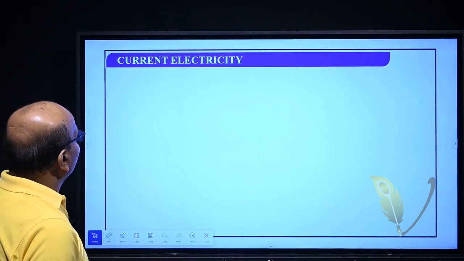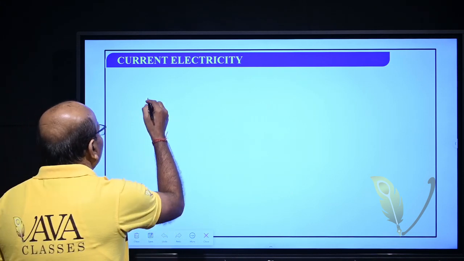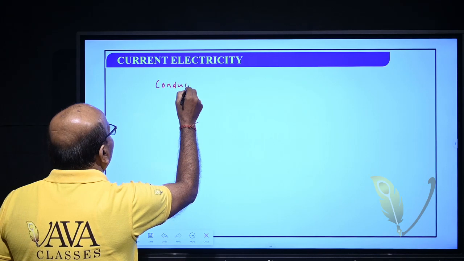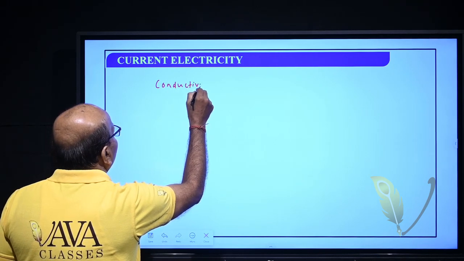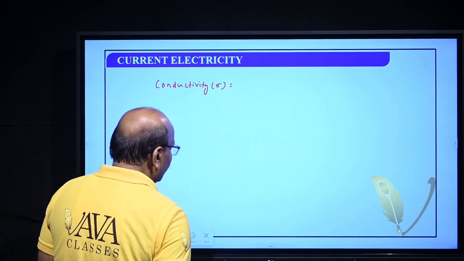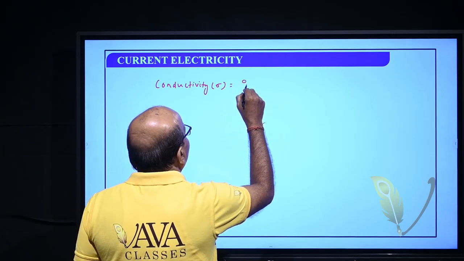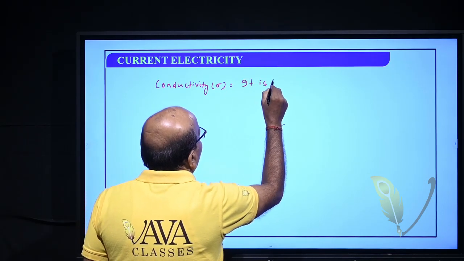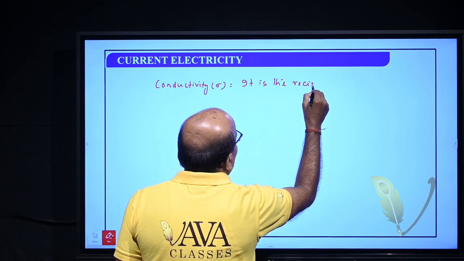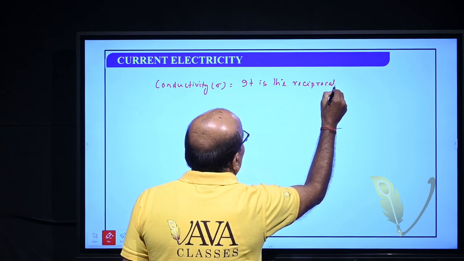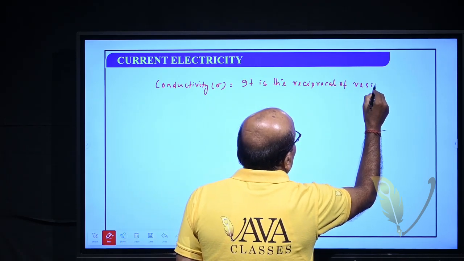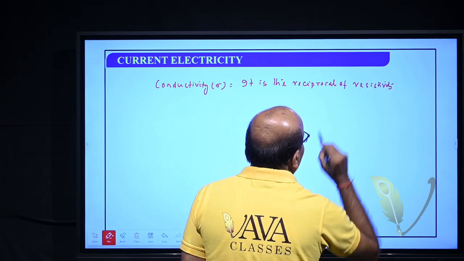Similarly, conductivity. Conductivity is defined as the reciprocal of resistivity.